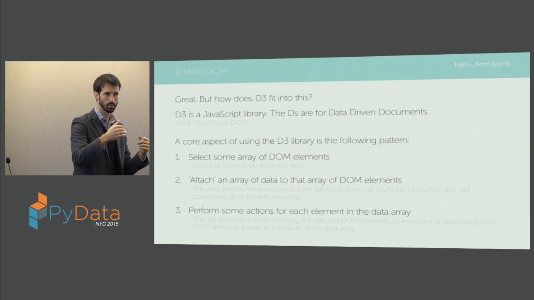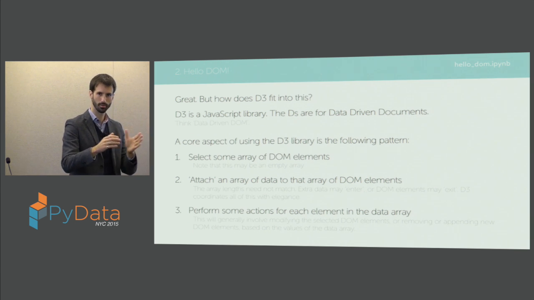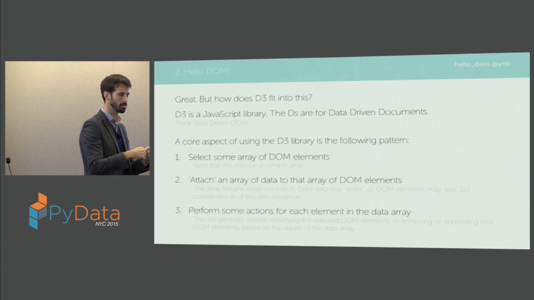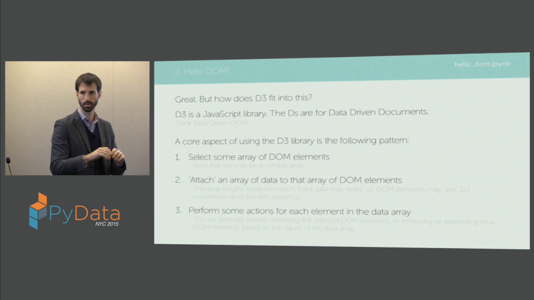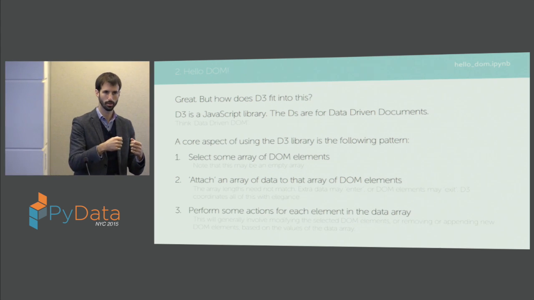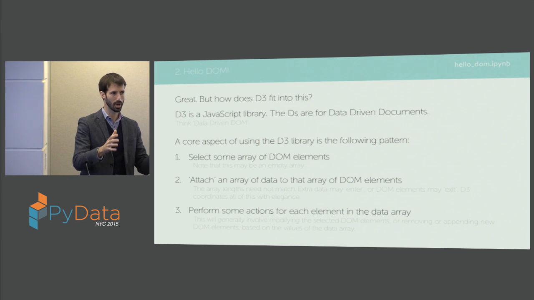Through that selection, you attach data to it. So now you have an array of elements that you've selected, and an array of data. We're then going to modify that array of elements based on that data. It's a super simple concept that ends up being extremely powerful within D3. So we'll essentially be sending arrays of data that will modify the DOM through D3.